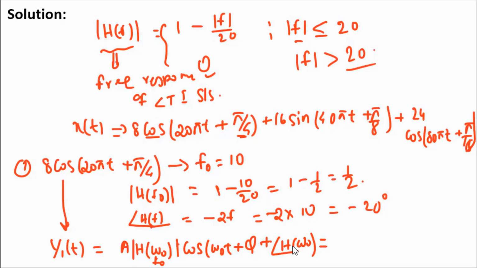So when you put the magnitude of H and the angle of H(f) in this expression, you will get the equation as 4 cos(20 pi t minus 25 degrees). So this is your output for the first sinusoid, that is 8 cos(20 pi t plus pi by 4).